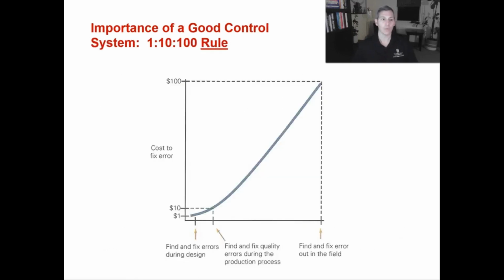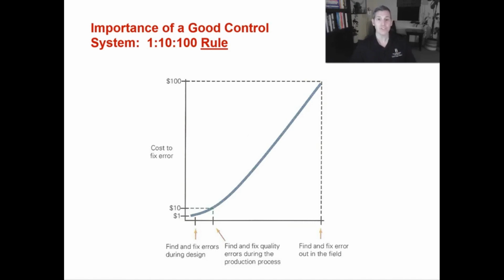One rule of quality control is the 1-10-100 rule. This is a lot like the slide that I showed you when we were talking about the costs of quality, where there are appraisal costs and prevention costs, internal error costs, and then external error costs, and how much those costs can cost an organization depending on when they are found in the life cycle of that production.